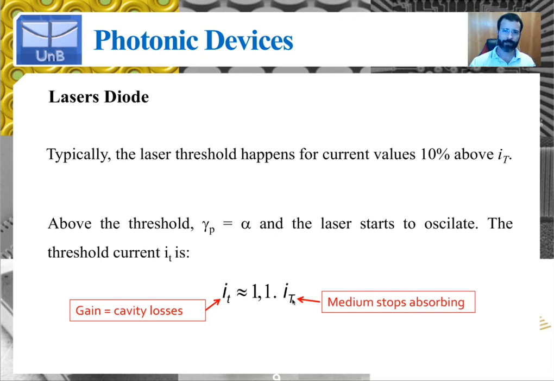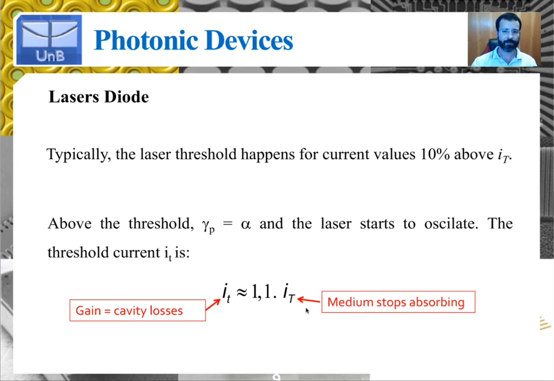A beam of light that was passing through it would pass through without being absorbed at all, because the quantity of emitted photons per unit time would be the same as the average quantity of absorbed photons per unit time, and therefore the power at the output would be the same as the power at the input.